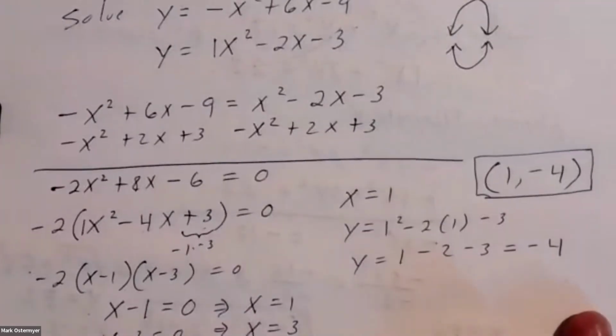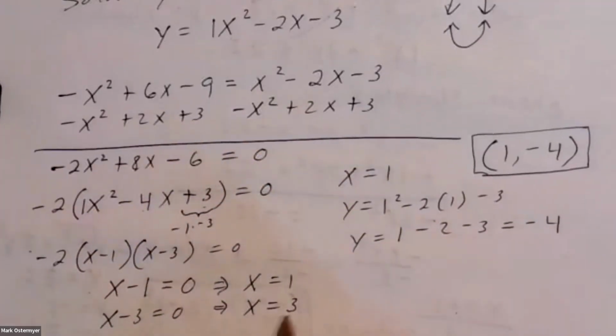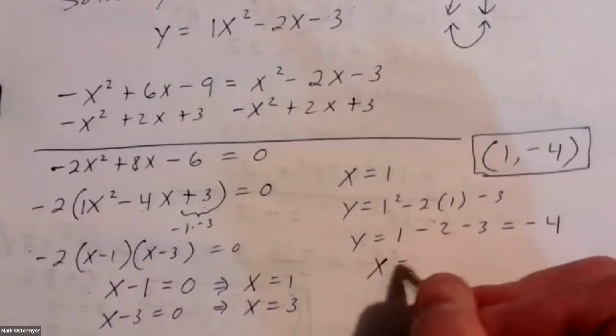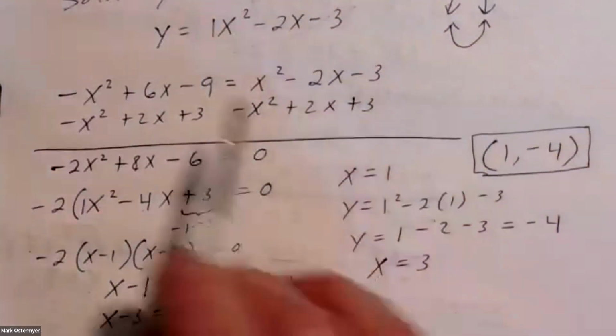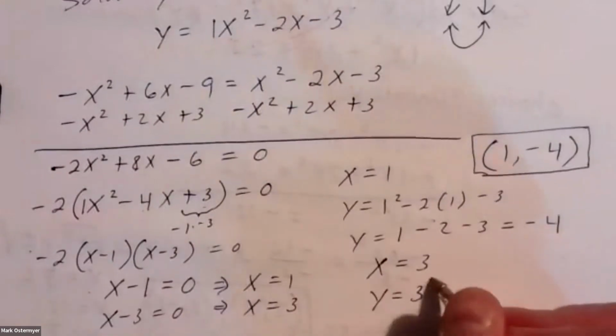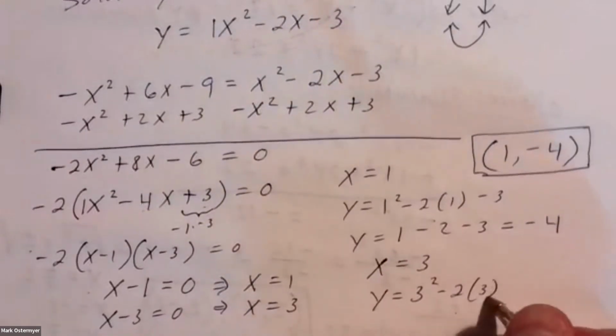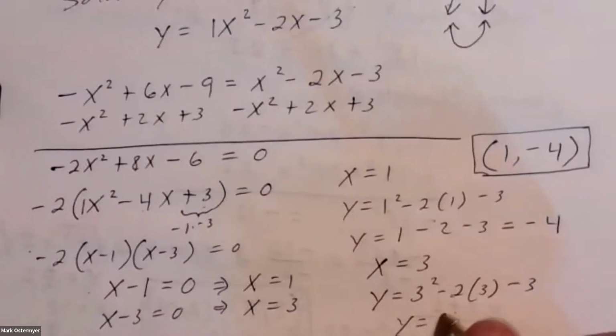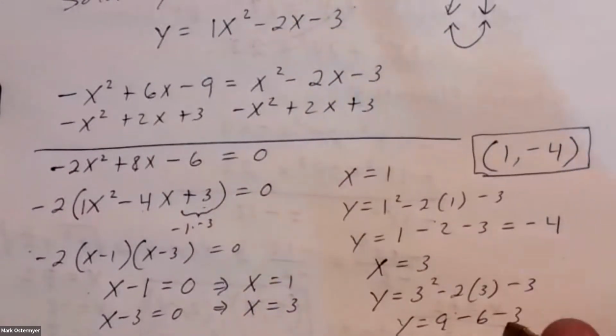But we're not done, because x could also be equal to positive 3. So when x is equal to positive 3, I put positive 3 in here and crank out y. We get 9 minus 6 minus 3, which is 0, isn't it?